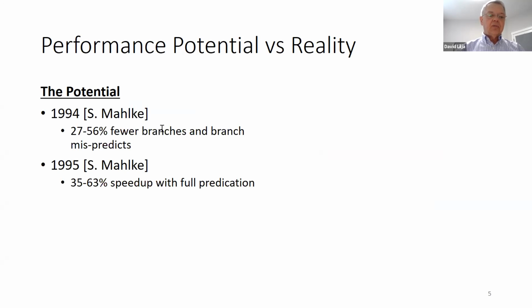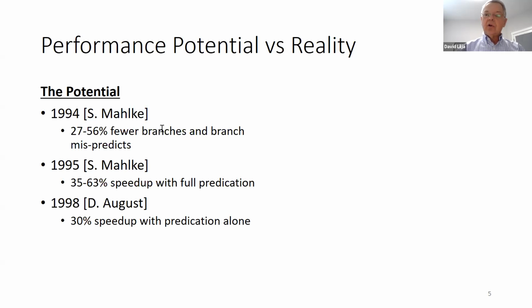In 1995, yet another paper said roughly the same thing: if you do full predication, you can get this pretty substantial speedup. In 1998, one of his colleagues, David August, published another paper, and this said that you can get 30% speedup if you just do predication all by itself.